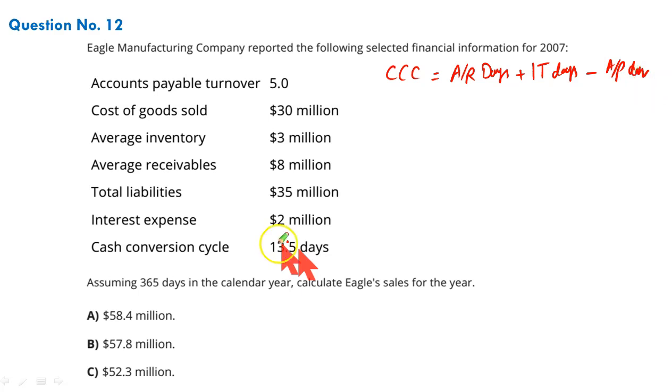Our cash conversion cycle is 13.5 days. Accounts receivable turnover in days, do we have the data for this? The formula is your average accounts receivable upon net credit sales, if not given take sales, multiplied by 365.